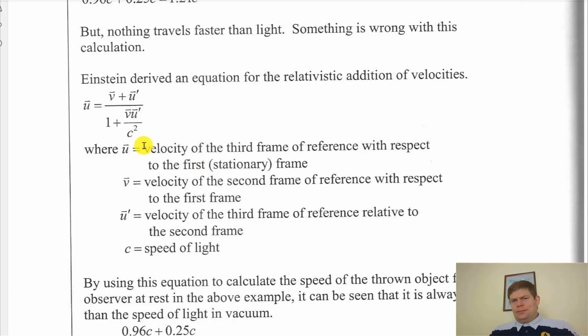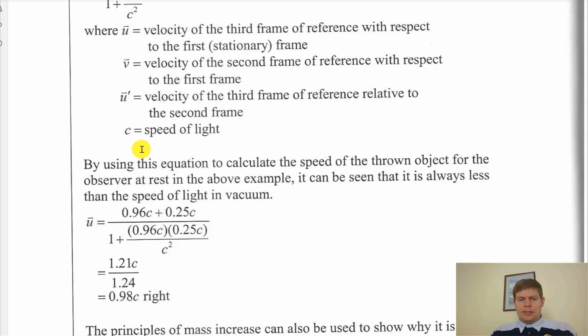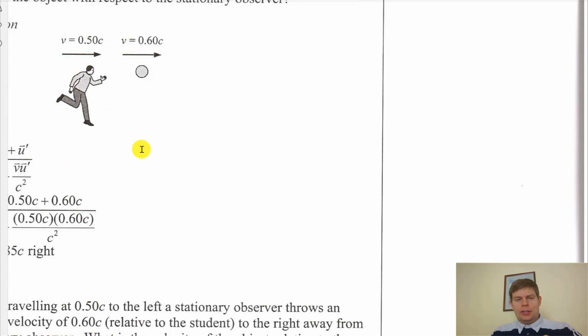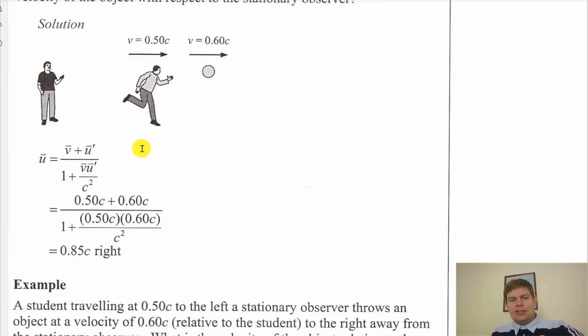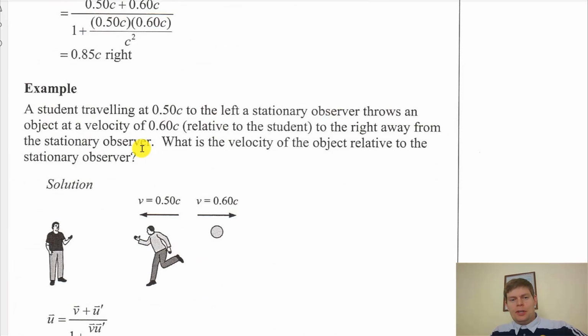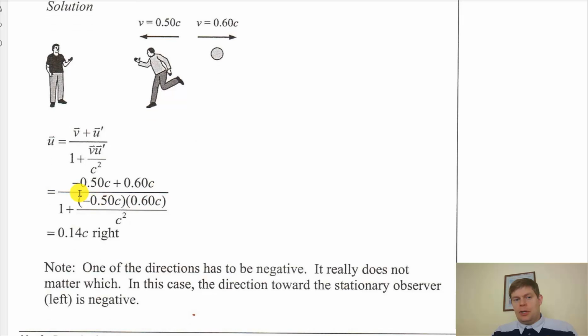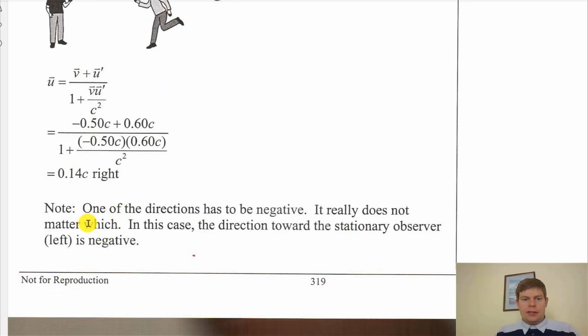This one is pretty much plug stuff into your formula. You also have to do, like you remember back in kinematics, pick a positive and negative direction. So pick a direction to be negative and a direction to be positive. Aside from that, let's plug it in. I usually try to make my answer positive.